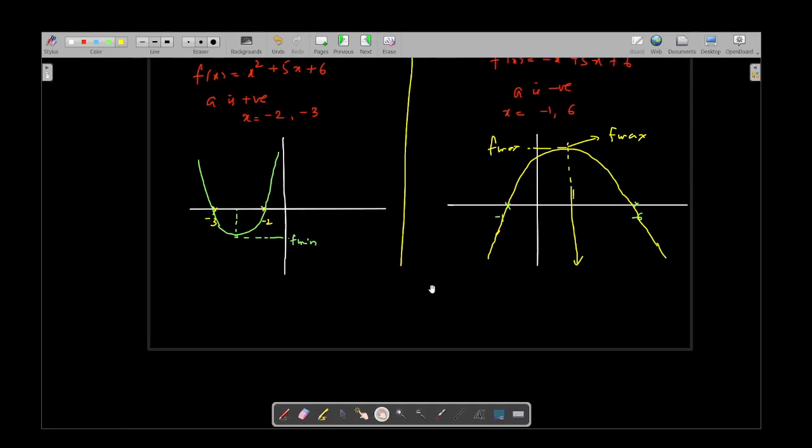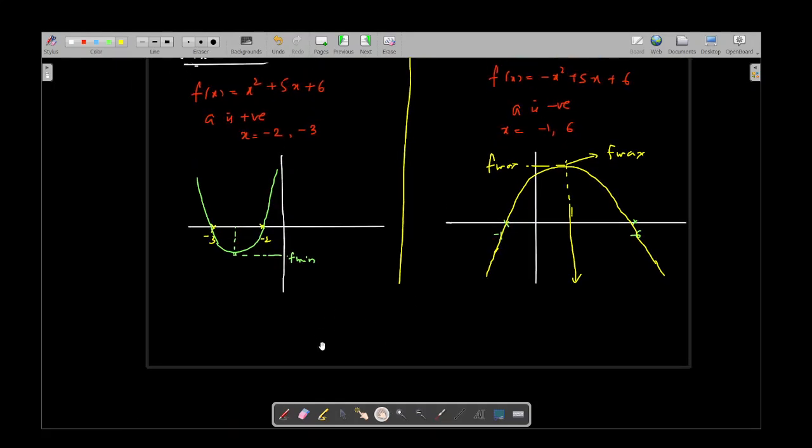So now what we are trying to do is put f of x, the quadratic polynomial, inside a square root function. So if I put x squared plus 5x plus 6 inside a root, we know that the square root of any number is always greater than or equal to 0.